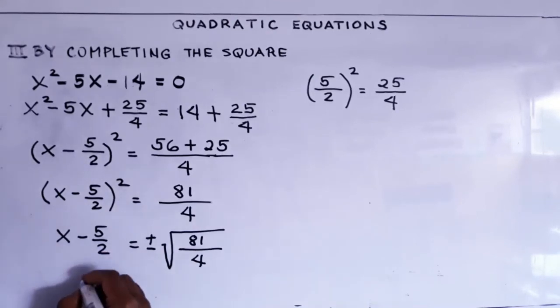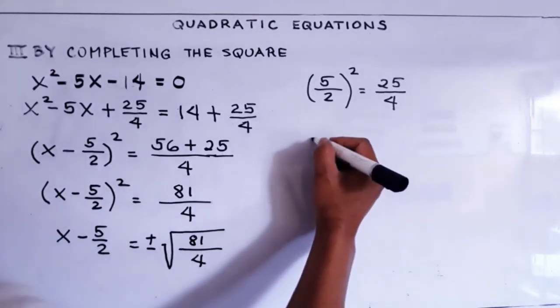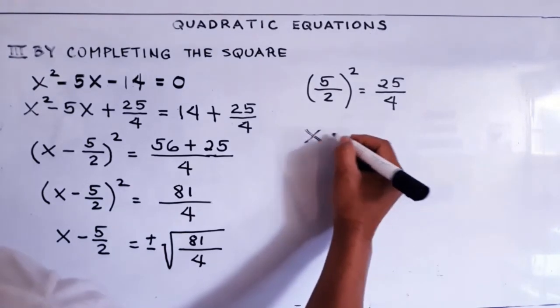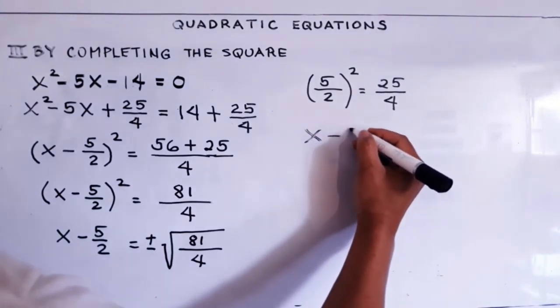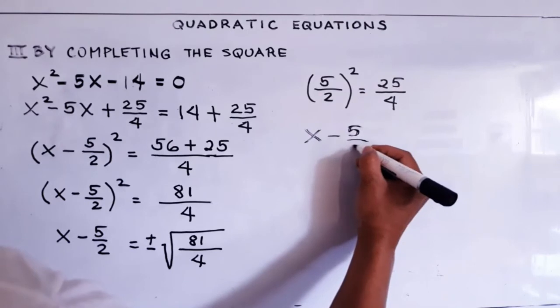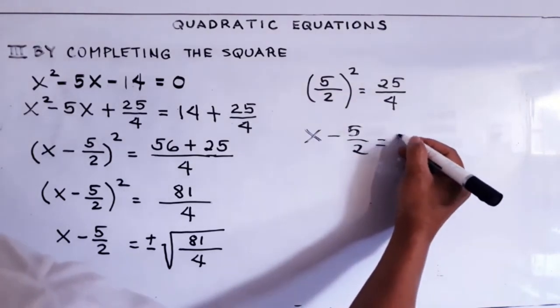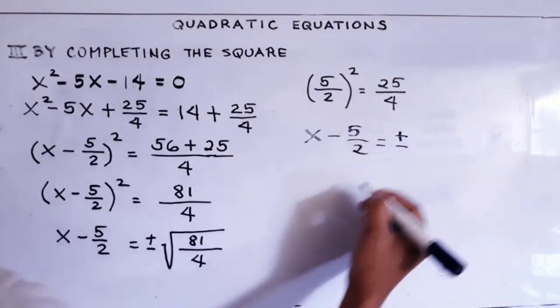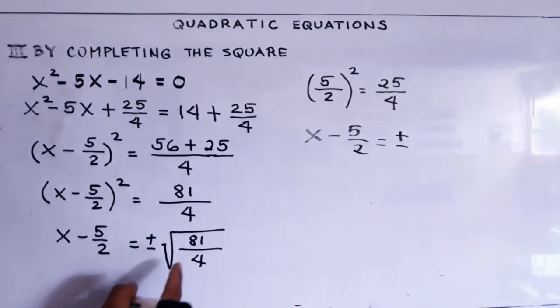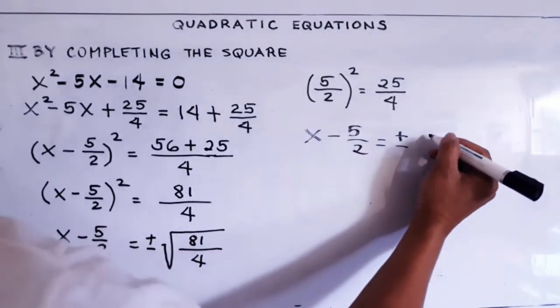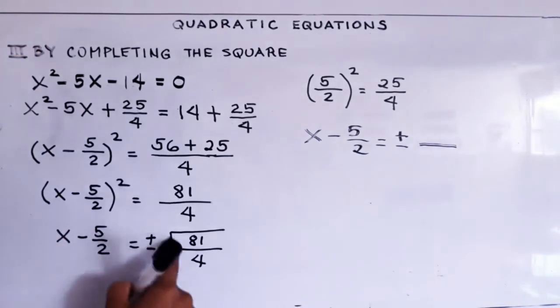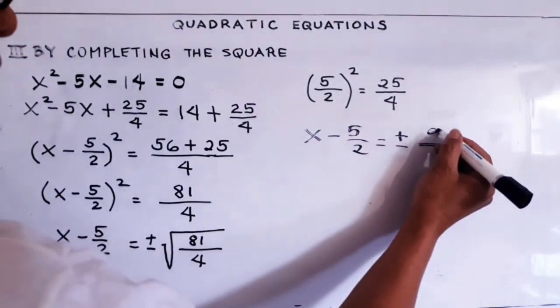Okay, we take the square root. Now let's have here x minus 5 over 2 is equal to plus and minus. We take the square root now because they are perfect squares. 81, we have to put that bar here. The square root of 81 is 9.